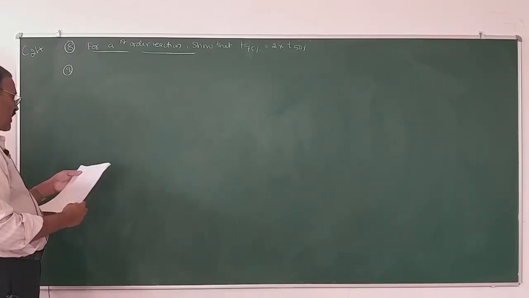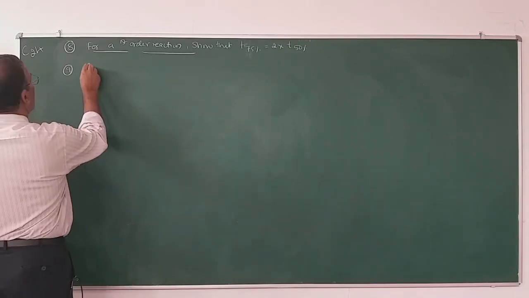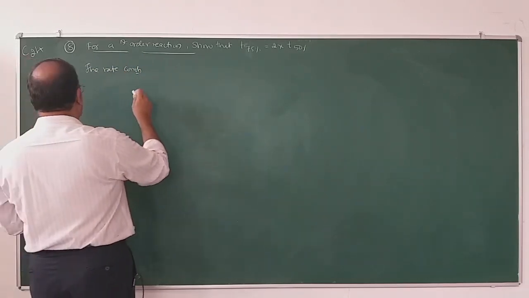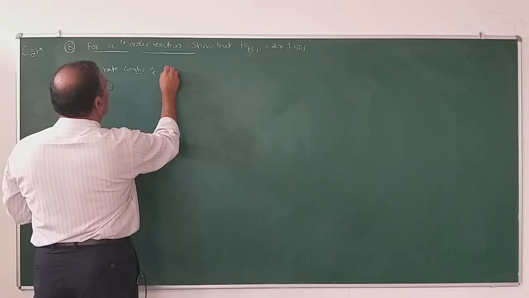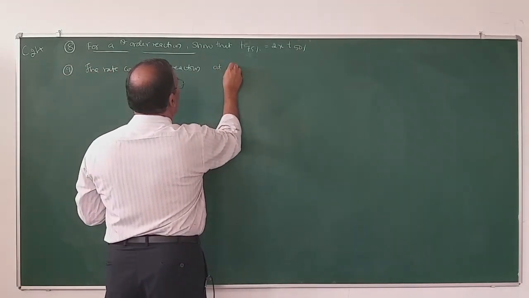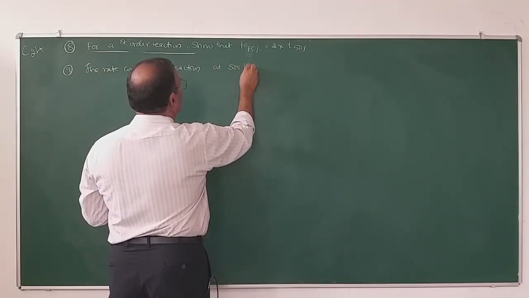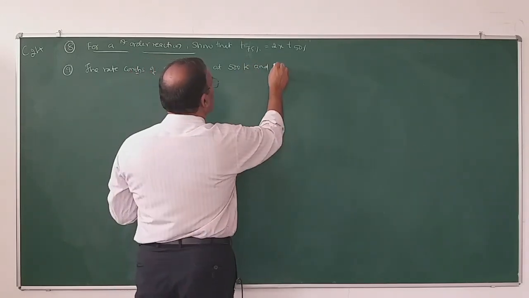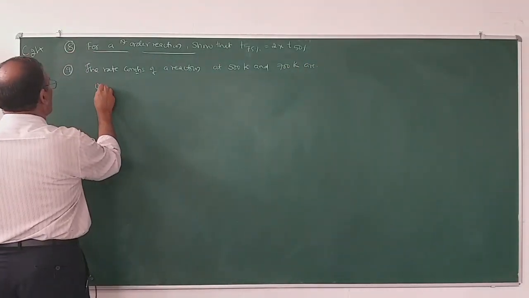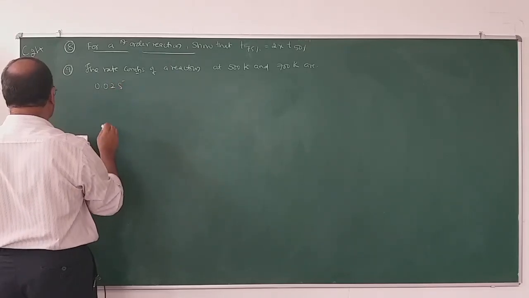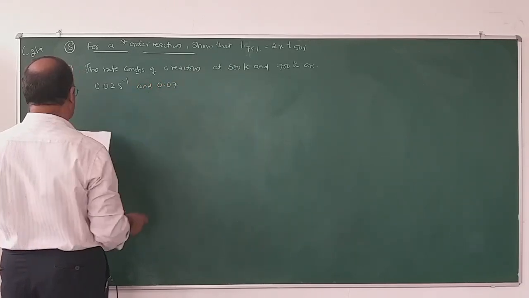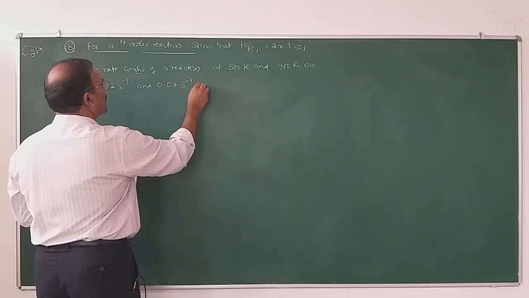This is to calculate activation energy. The rate constants of a reaction at 500 Kelvin and 700 Kelvin are 0.02 second minus 1 and 0.07 second minus 1 respectively.